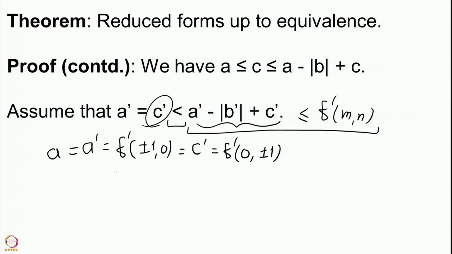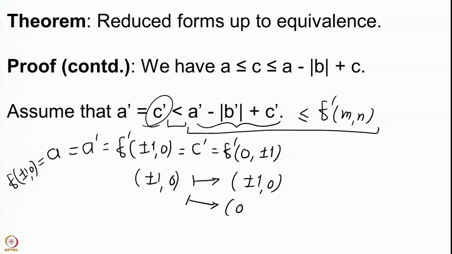So, we now have that our a, which was taken at plus minus 1 comma 0, therefore, the pair plus minus 1 comma 0 is sent to plus minus 1 comma 0, or it can also be sent to 0 comma plus minus 1.